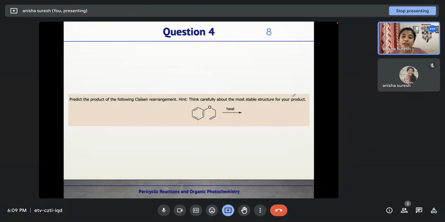So here also we are planning for a Claisen rearrangement. It is a 3,3 sigmatropic rearrangement. So this can be written like 3, 2, 1, 3, 2, 1.